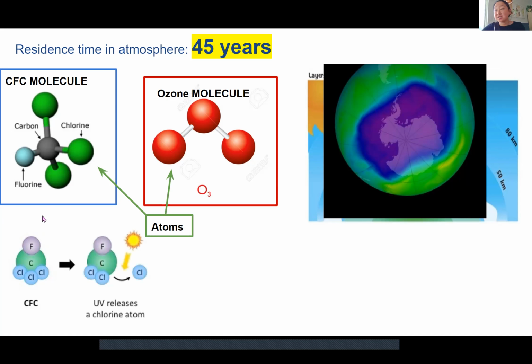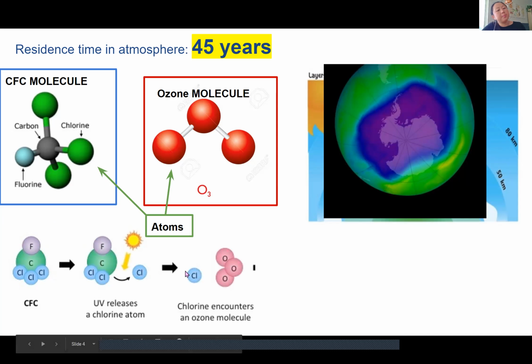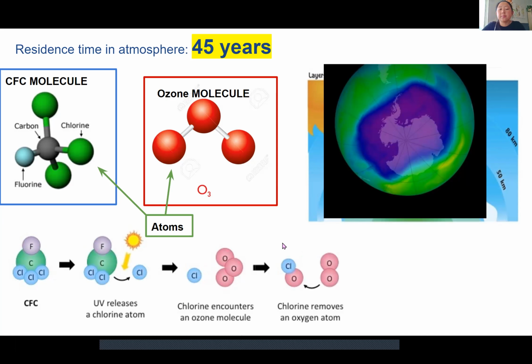And because sunlight is great at destroying bonds, it'll separate a chlorine atom from the original CFC molecule. So now you have a free floating chlorine atom. Now that chlorine atom bumps into some ozone molecules when it floats high enough into the atmospheric column. And then the chlorine bonds with one of the oxygen atoms from the ozone molecule.